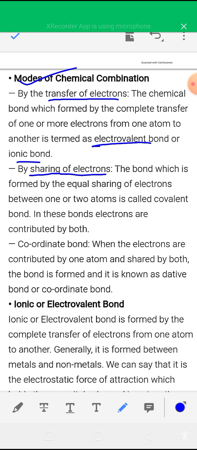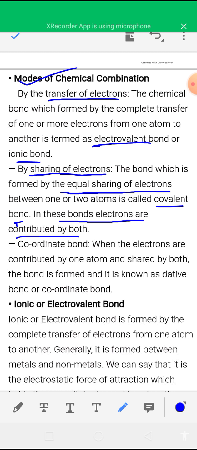The bond which is formed by equal sharing of electrons between two atoms is called covalent bond. So covalent bond is formed by sharing of one or more electrons, and in a covalent bond the electrons are contributed by both the combining atoms.